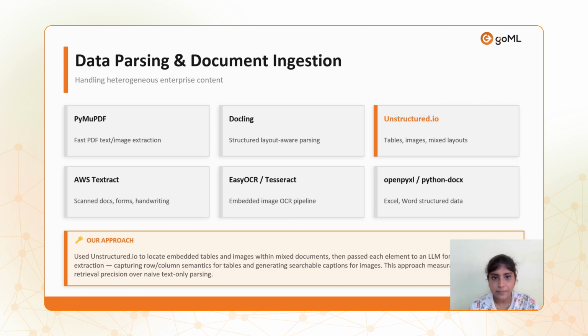While for images, it means generating a descriptive caption that became searchable text when querying. So this single change, which is LLM assisted extraction on top of unstructured.io's output, gave us a measurable improvement in retrieval precision on documents with mixed content.